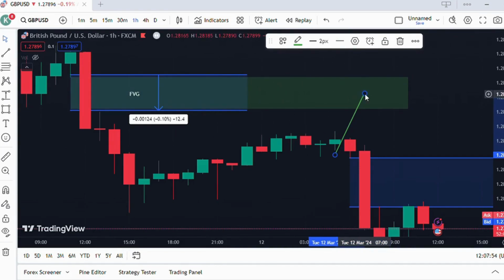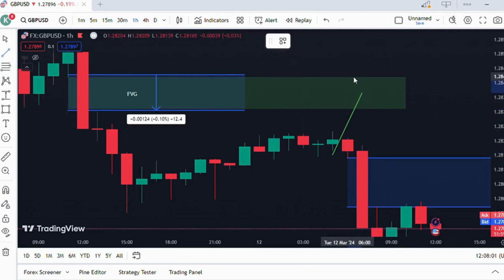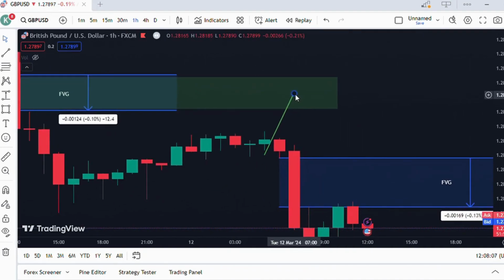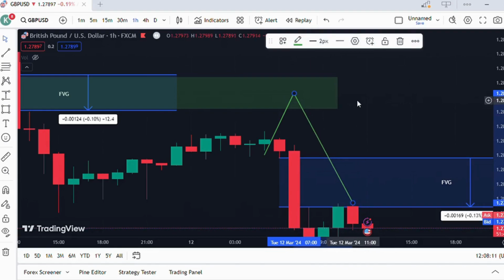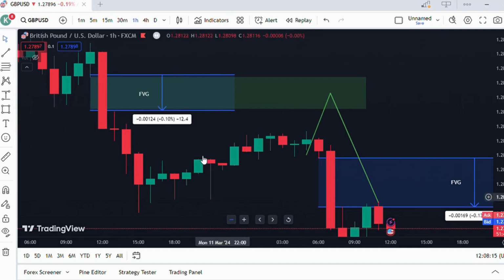So price will tend to move back to this zone before heading further to the downside, such as this. But in this particular example, price couldn't get to this zone.